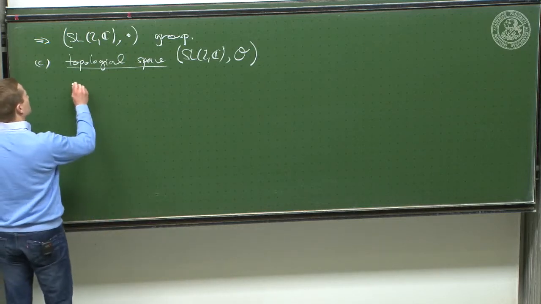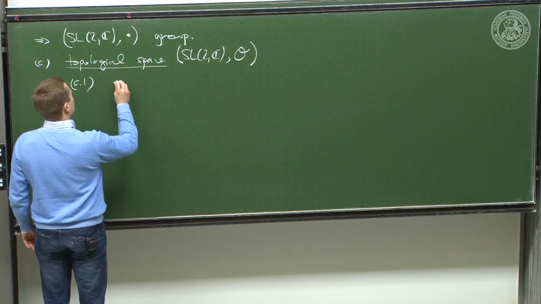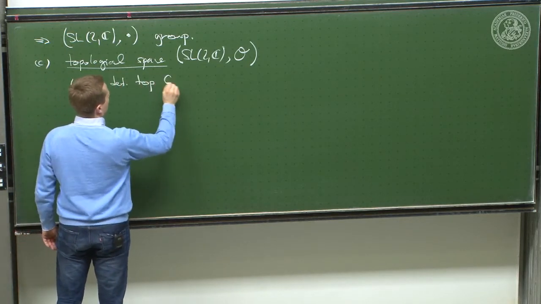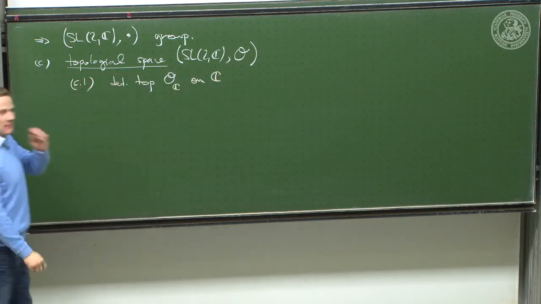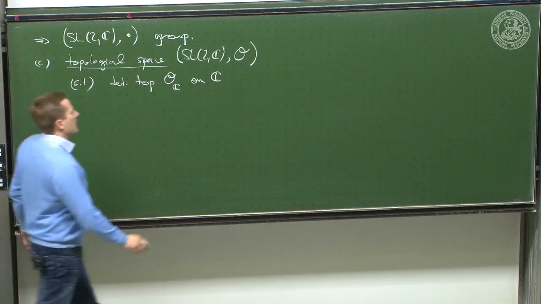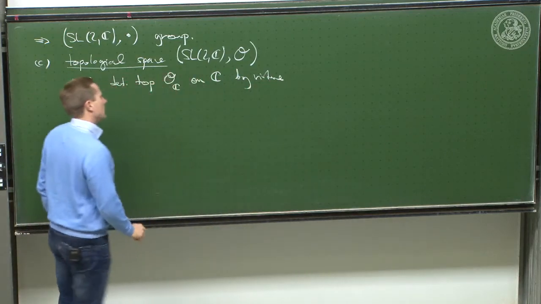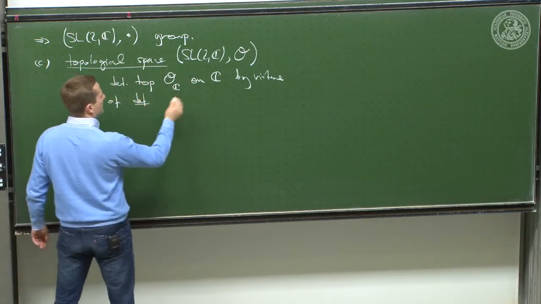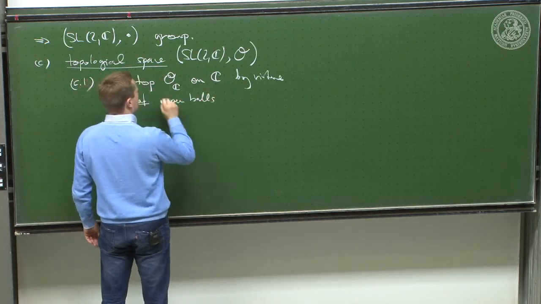So first step, C.1 if you want, is to define a topology O sub C on the set of complex numbers. And we do this by the standard construction, by defining the open balls. Open balls, well, that's just a name.